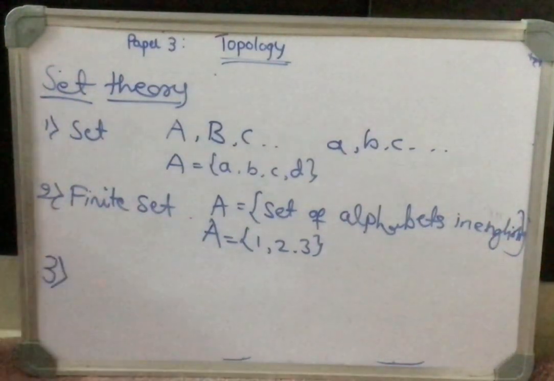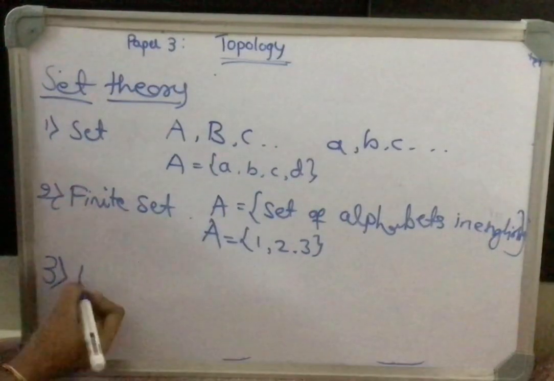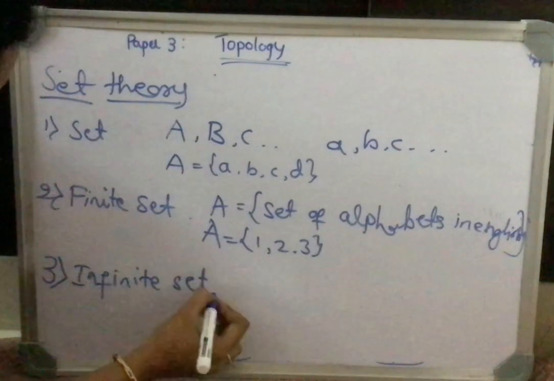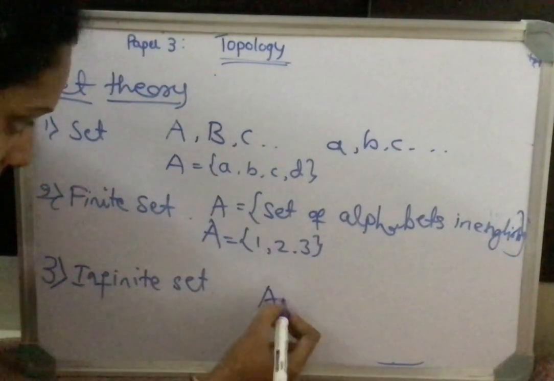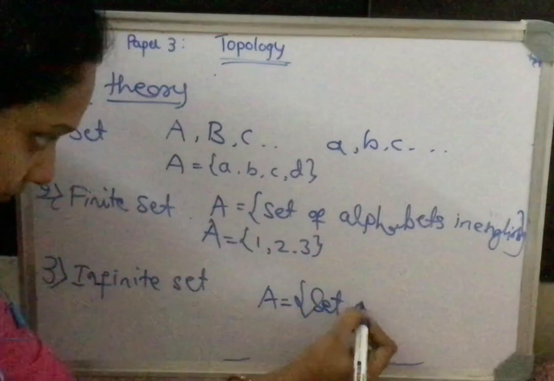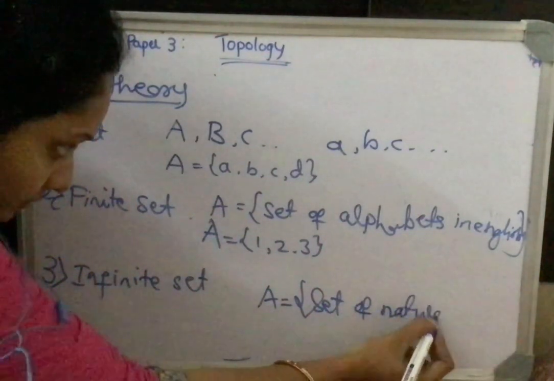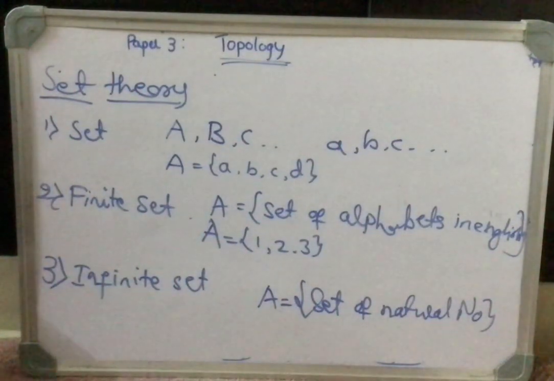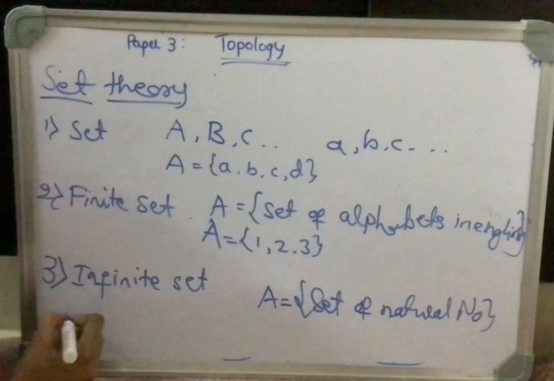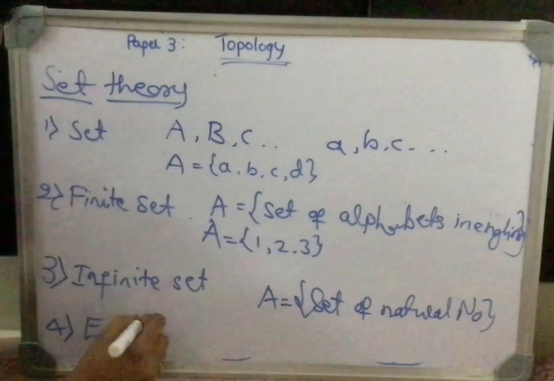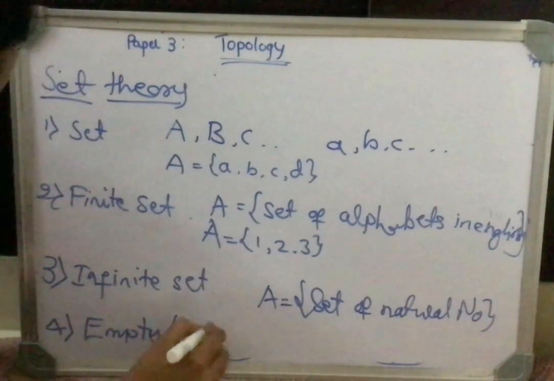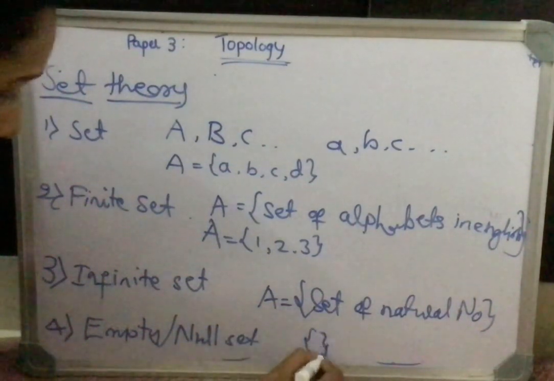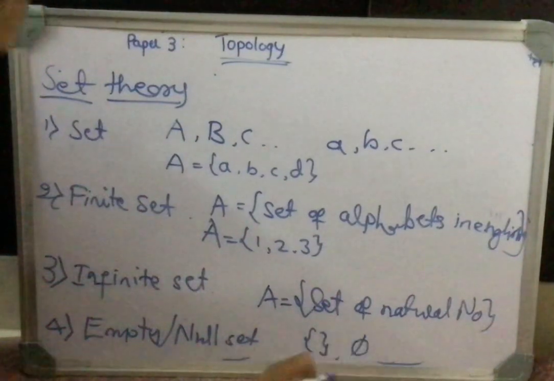If a set contains infinitely many elements, then that set is called an infinite set. For example, the set of natural numbers. Next is empty set. Empty set is also called null set. Null set is usually denoted by flower brackets or phi.